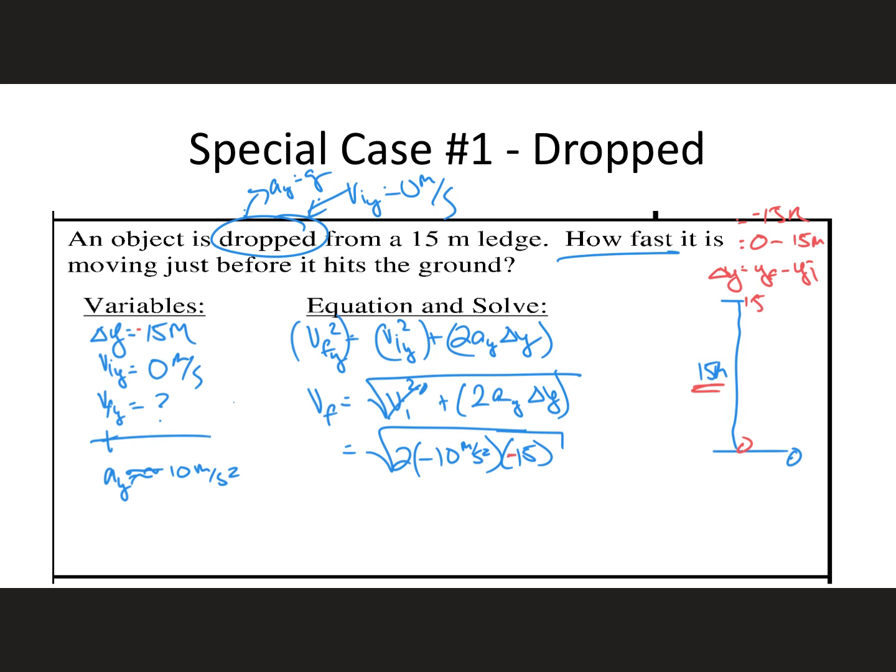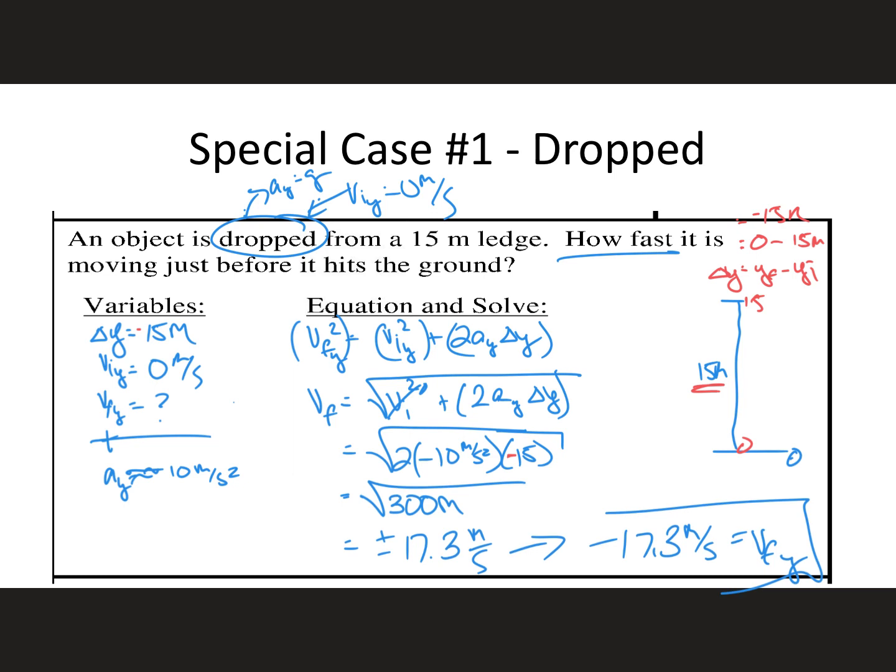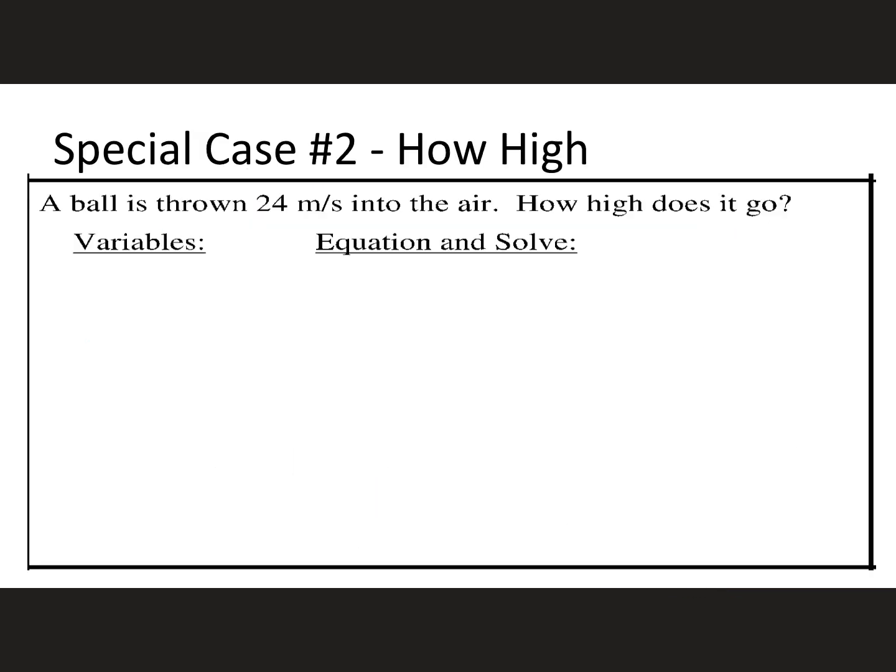So now we've got the square root of 300, and that is going to be plus or minus 17.3 meters per second. So now you've got to choose whether it's the plus or the minus. I'm going to choose negative 17.3 meters per second as our final velocity in the y direction, because it is going down.